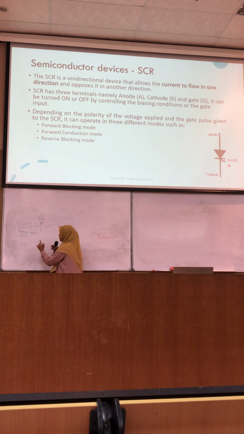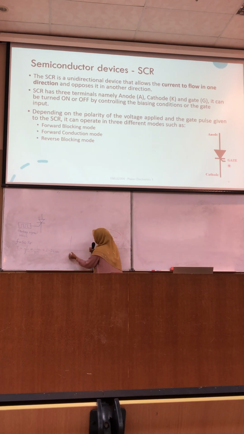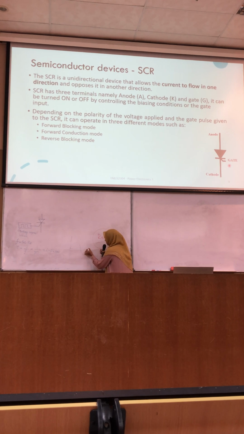Let's say your frequency is 50 Hz. So one cycle, which is one period of time, is 1 over f, so 1 over 50, you will get 0.02 second. So 0.02 second is one cycle. One complete cycle, if let's say you have a sine wave, this one here, this is one cycle.